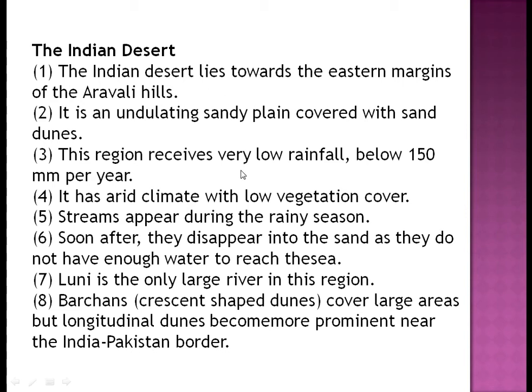After that, less rainfall, high temperature, and the climate, low vegetation, then streams, then the Luni is the large river here, right? And the sand dune shape. These all 8 points, please remember them, and whenever it is asked for 5 marks, mention any 5 and explain in detail one by one with proper sentence formation.